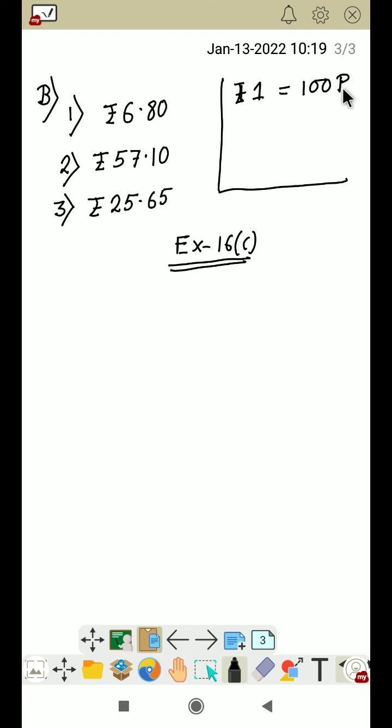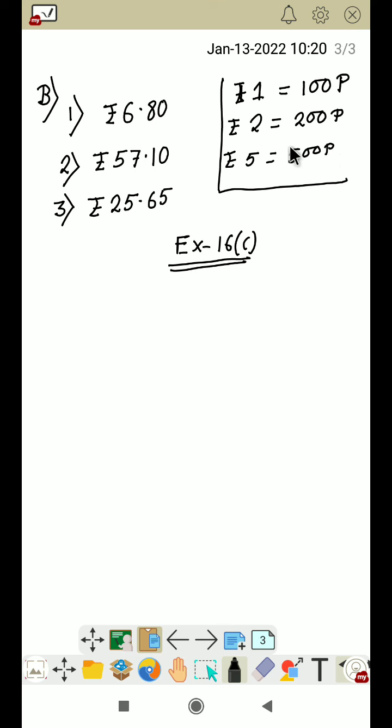Paise is denoted by P and rupees is denoted by this sign. Now if I ask you 2 rupees is equal to how many paise? 100 plus 100, that will be 200 paise. If I ask you 5 rupees is equal to how many paise? That will be 500 paise.